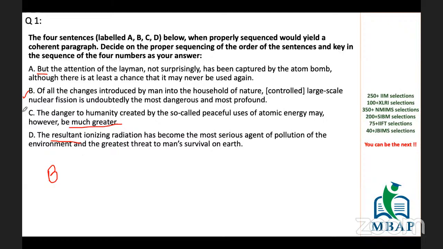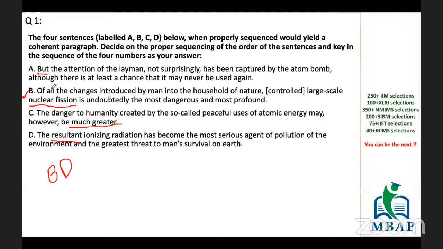So I can eliminate A. I'm left with B and C. So here I have a hint: large scale nuclear fission is undoubtedly the most dangerous and most profound. Now, the result of this action, which is given in B, is this, which is given in D. So I come up with a pair of B and D. Okay.